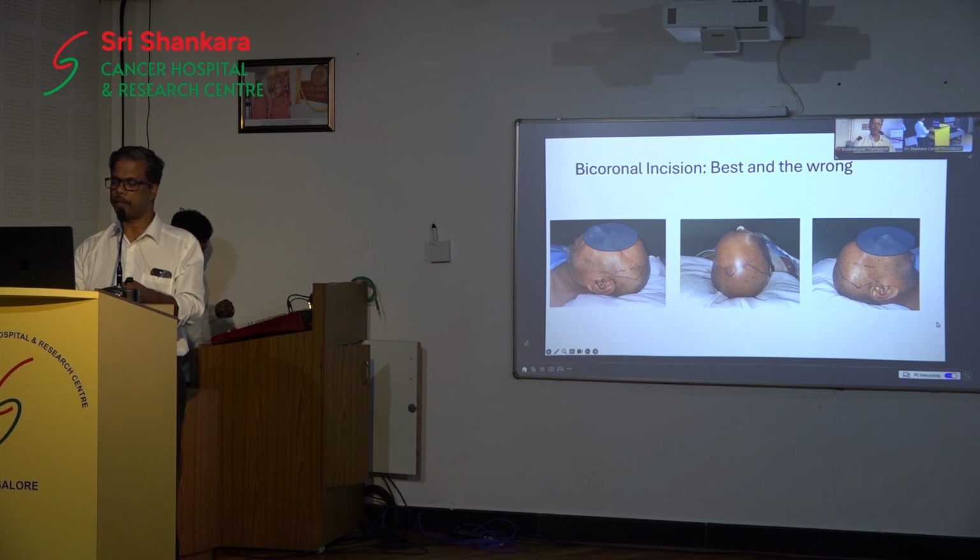So, better to stay close to the preauricular crease, close to the pinna, and it can be extended downwards. That won't create a problem. And then come across with these triangulations.